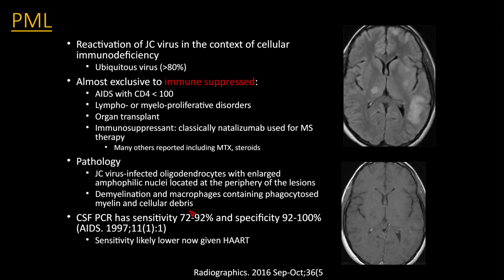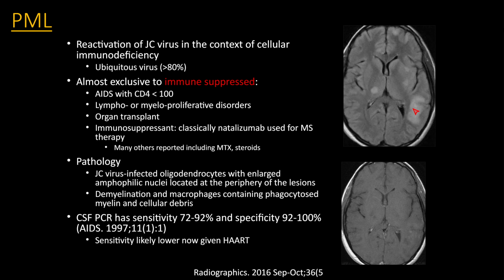Sensitivity tends not to be as good because a lot of these PML cases are in AIDS patients, and with better and better antiretroviral therapies, the sensitivity of detecting JC virus in CSF becomes lower and lower, because you won't get as high a load as you used to before effective antiretrovirals, even in the setting of developing PML.